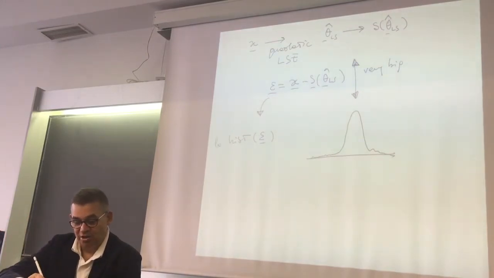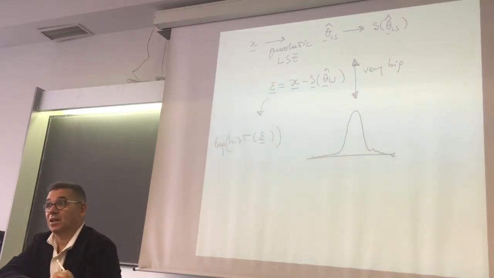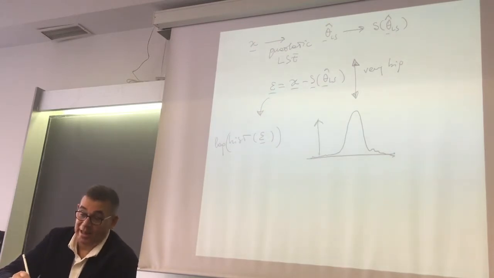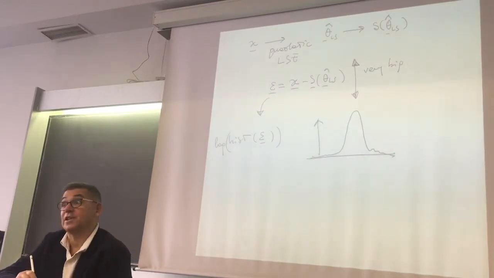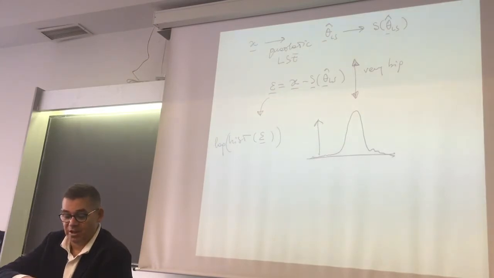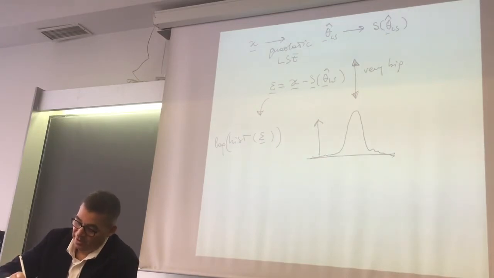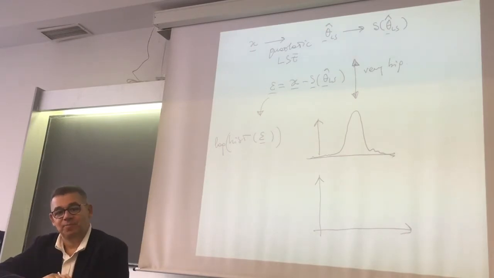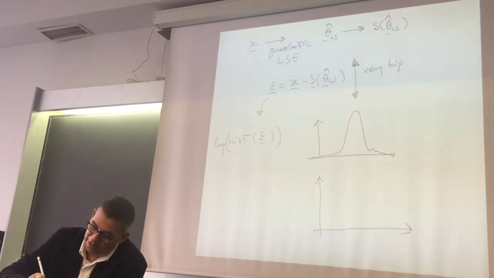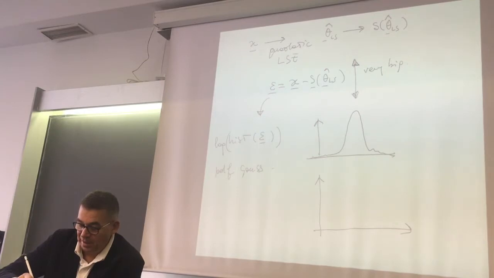Make the log of the histogram. Why am I making the log? I take this scale and then make the logarithmic of this scale. Remember, it's not the histogram of the logarithm, it's the logarithmic of the histogram. So if I make the logarithmic of the histogram, what do I expect? If the PDF is Gaussian, remember, Gaussian means e to the minus epsilon squared divided by something.